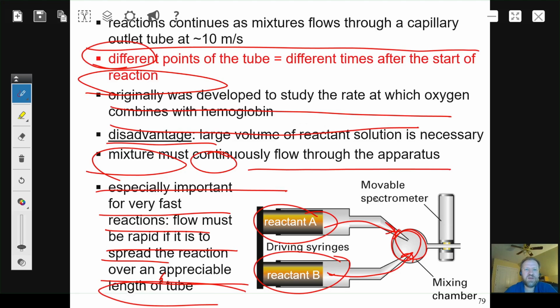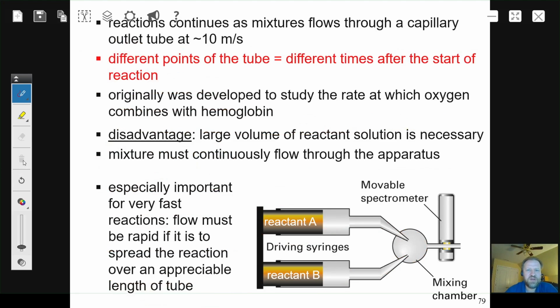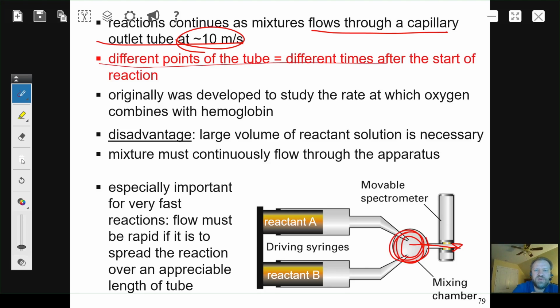Then the idea is that the resulting solution, where the two solutions mix, is where the reaction starts. Those solutions are allowed to flow through a capillary outlet tube at a speed of about 10 meters per second. Different points of the tube will correspond to different times after the start of the reaction.